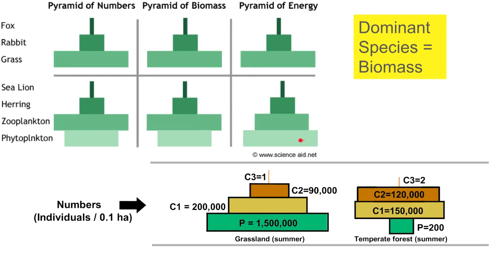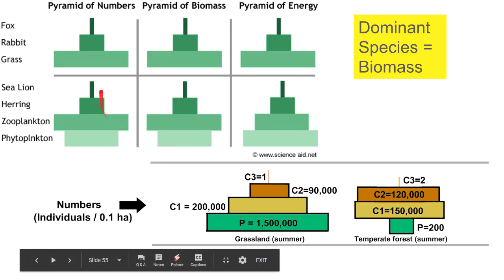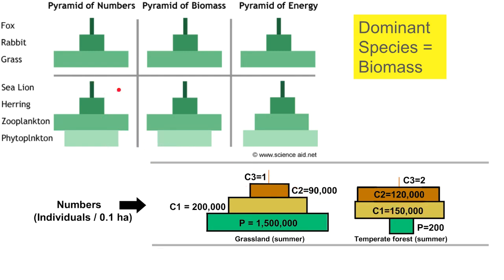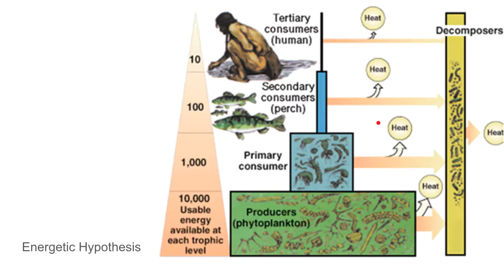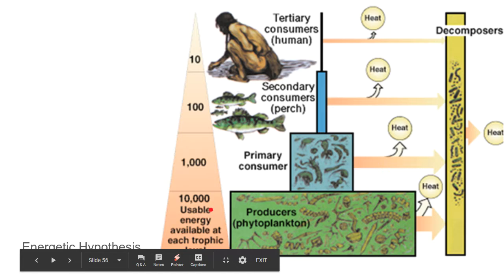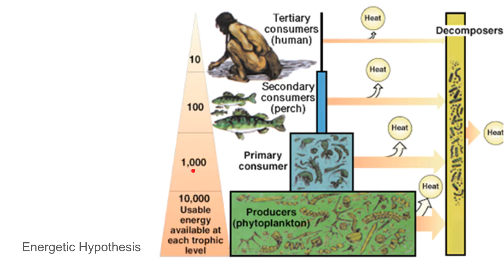biomass. Now, energy pyramids always get smaller, but we can have pyramids of numbers and pyramids of biomass where they're almost inverted or in different proportion. They don't look like perfectly nice pyramids. But energy pyramids are always pyramids, and there's this energetic hypothesis that only 10% of the energy is actually usable in the next level up the food chain here.